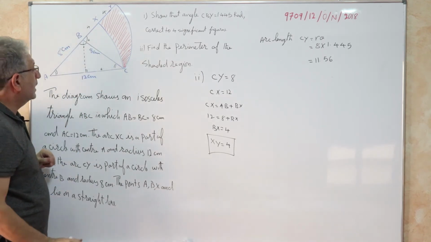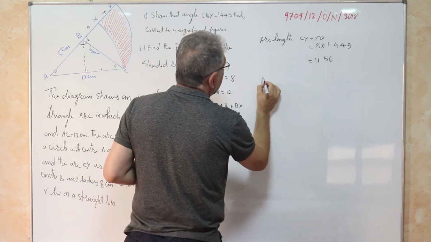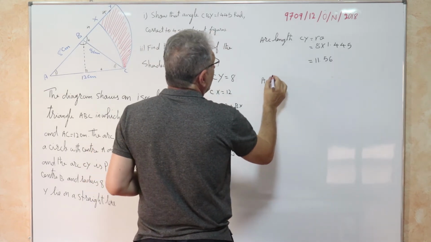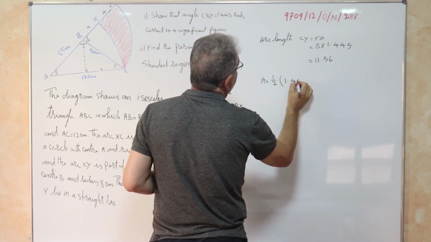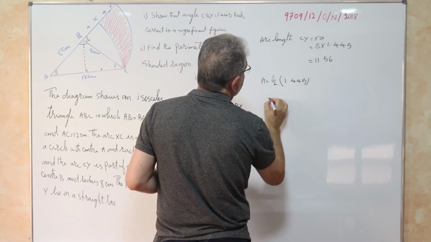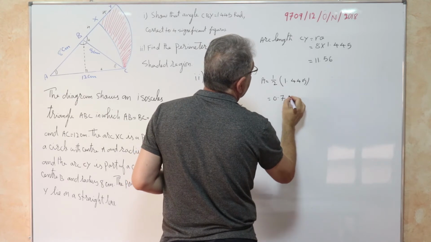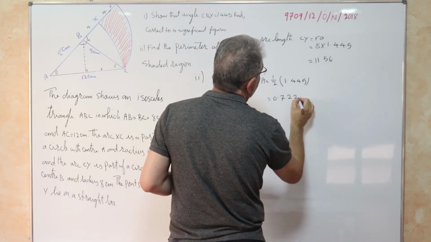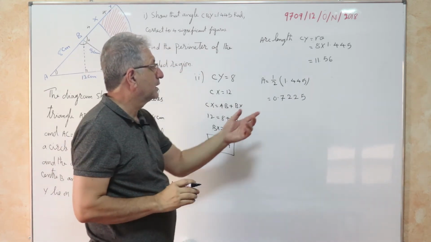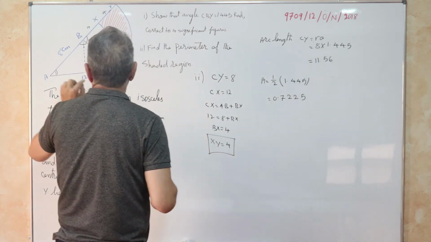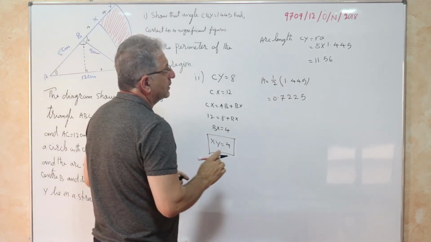Therefore, I can write angle A is equal to 1/2 times 1.445, which is 0.7225. This is the value of this angle in radians.